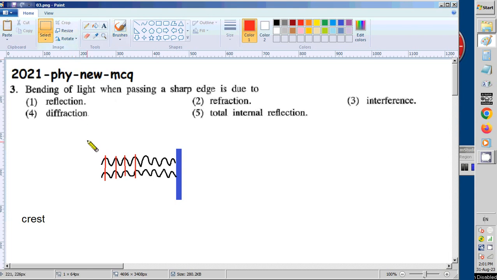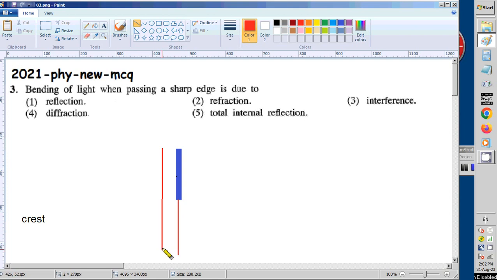Instead of waves, we use wave fronts to describe this phenomenon, so I am going to draw wave fronts instead of those waves. The distance between these wave fronts must be equal, that is equal to the wavelength lambda. That is enough.